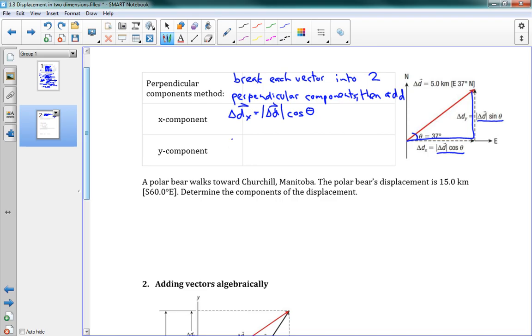Okay, and same with the y component here, dy is equal to the magnitude of the displacement times the sine of theta.